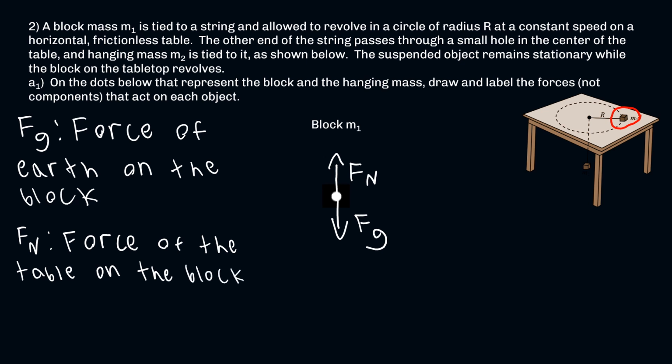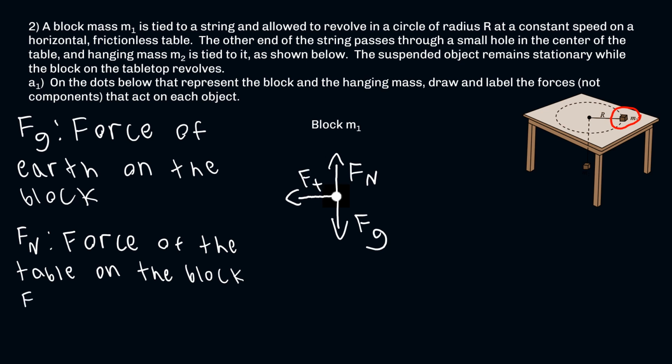All right, so what other forces do we have here? What else is in contact with this block? The only other thing I can see in contact with this block is a string that is pulling here to the left, it seems like, based on the diagram that I have. So I'm going to make this force here straight out to the left, and I'm going to label this Ft for tension.